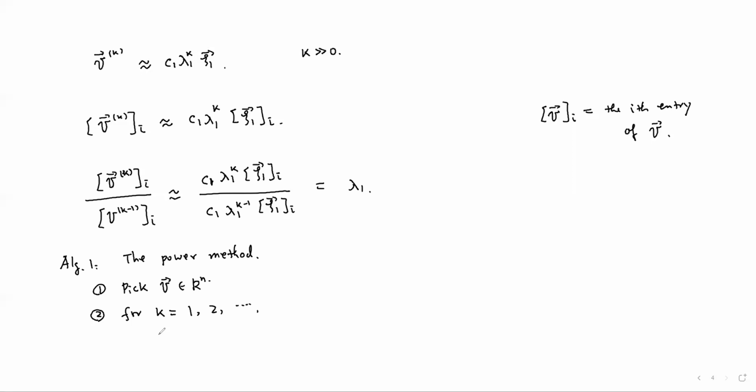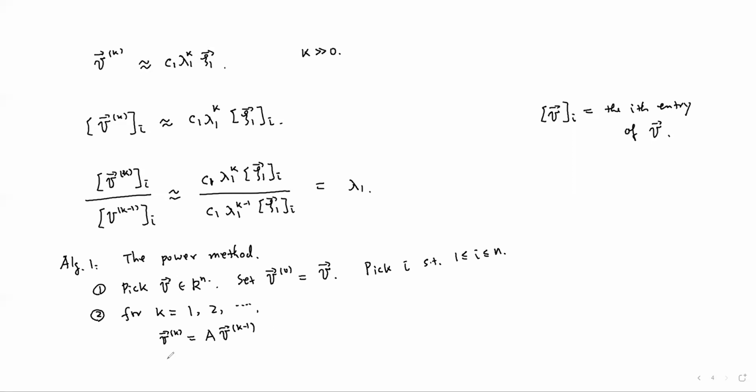Now compute Vk equal to A times Vk minus 1. Here set V0 to be V. When k is 1, the right side is V0. Then this Vk will approach the dominant eigenvector. And for the eigenvalue, pick an i between 1 and n for the computation of the dominant eigenvalue.